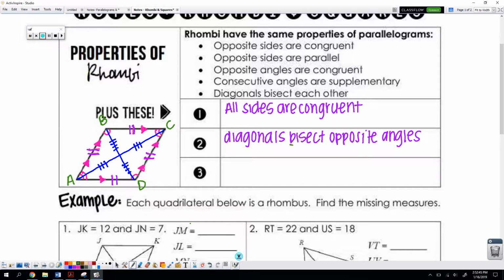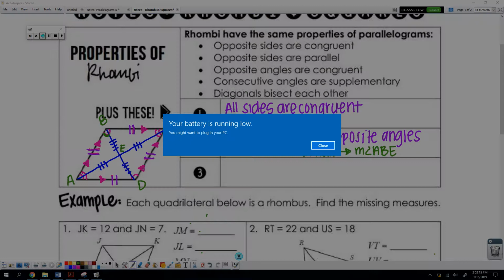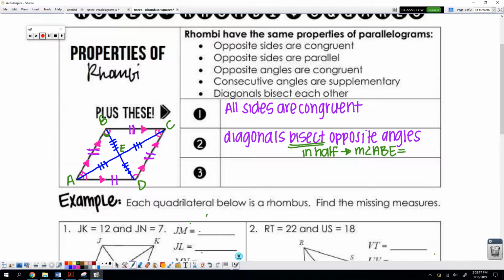Remember, bisect means in half. So we'll give just one example of that. Let's look at angle B. Angle B has been cut directly in half. So let's put a little E here. Not that we necessarily need it, but we'll call it the measure of angle ABE. So ABE, that's this one right here, is exactly the same size as CBE, the measure of CBE.